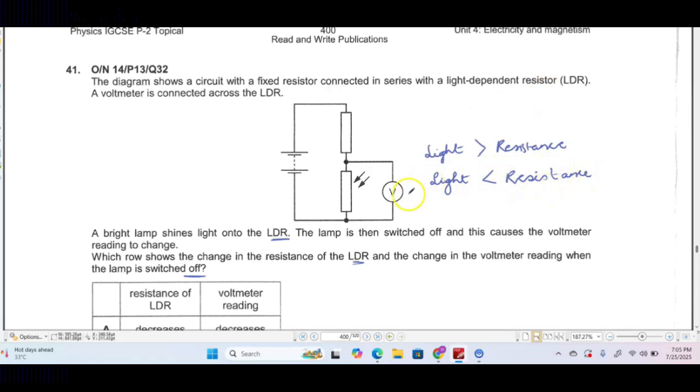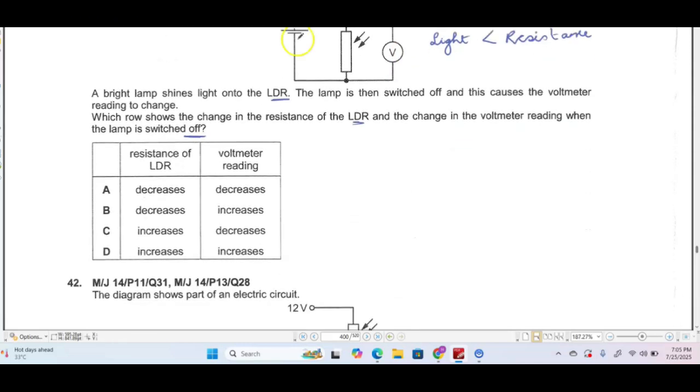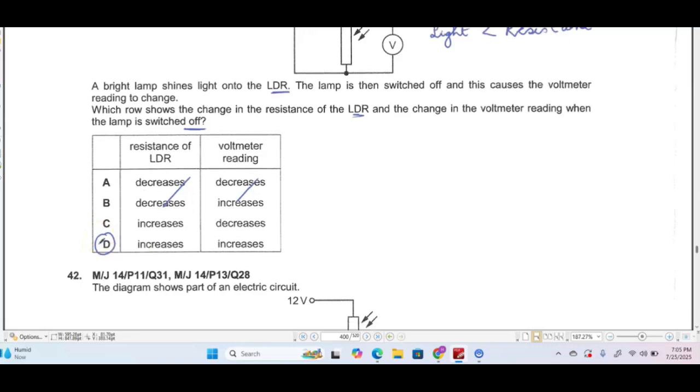So the resistance would have increased, and when the resistance would have increased, the voltmeter reading over here would increase as well. So let's look at our options. The resistance of the LDR would increase, so these go out of the window, and the voltmeter reading won't decrease, it would increase. That's the principle. So option D is our correct option for question number 41.